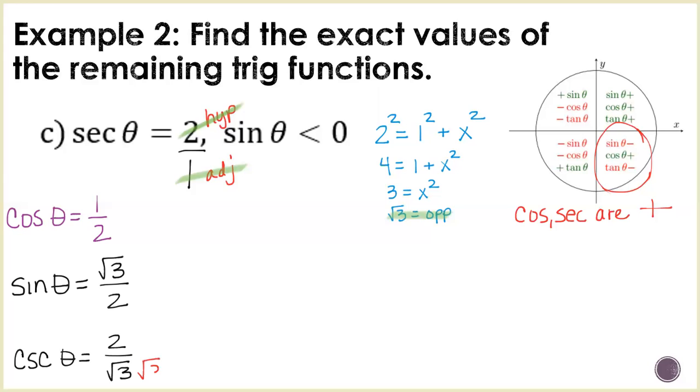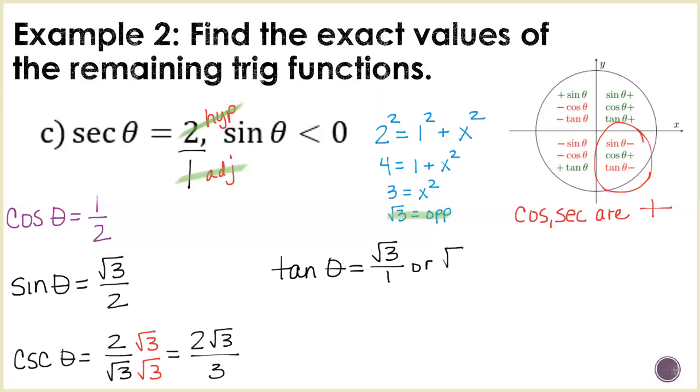We have to rationalize it. The tangent equals opposite over adjacent, which is root 3 over 1, or you could just say root 3.